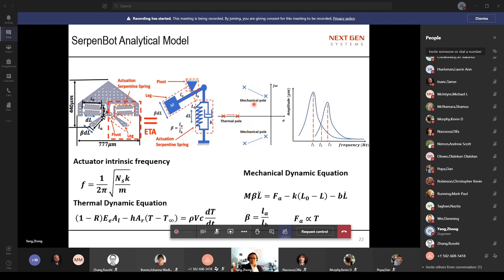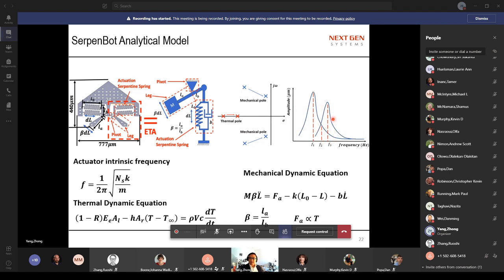So this robot works more like a 2nd order system. With the mechanical pole in front of the thermal pole, the system function will have some peaks. So if we have 2 actuators, then we have 2 system functions.